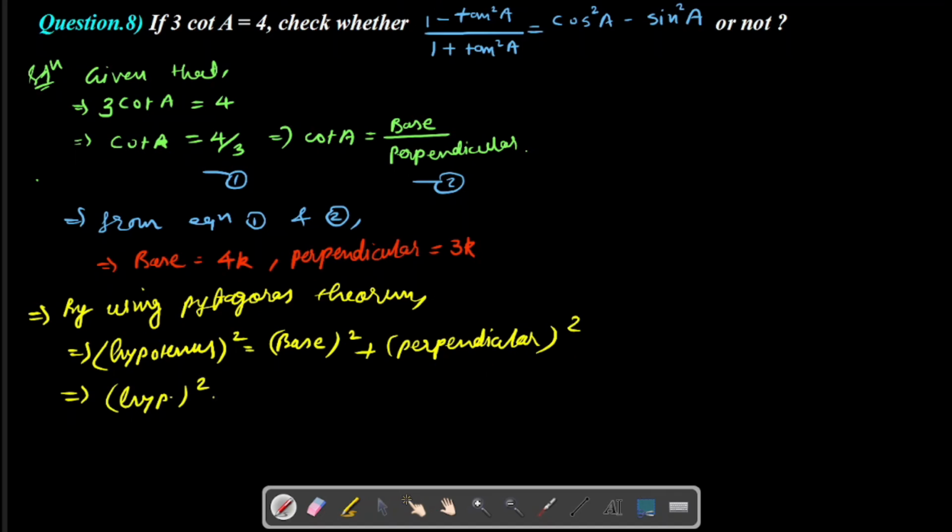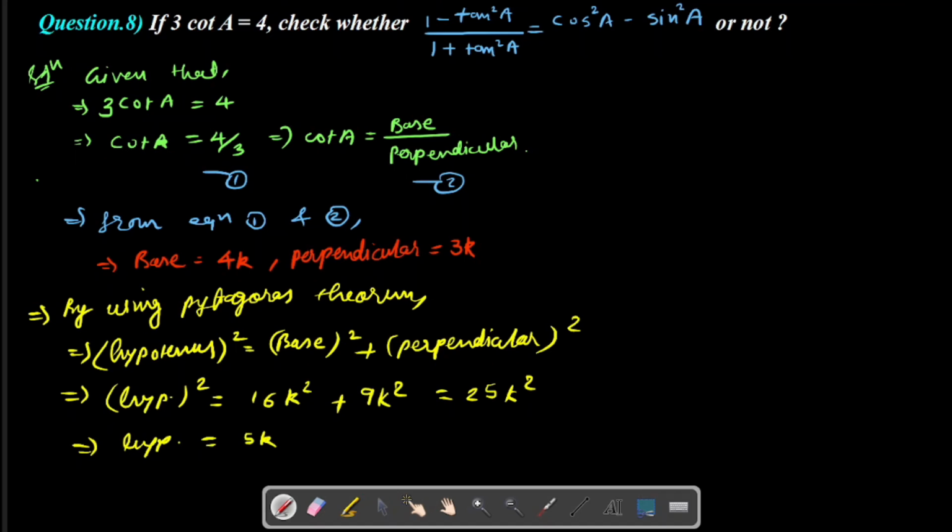So hypotenuse square is equal to, what is the base here? The base is 4k, so 4k square, which is 16k square. Now the perpendicular is 3k, so it is 9k square. So we get 25k square. Now taking the square root on both sides, we find that the hypotenuse of this triangle is 5k, right?